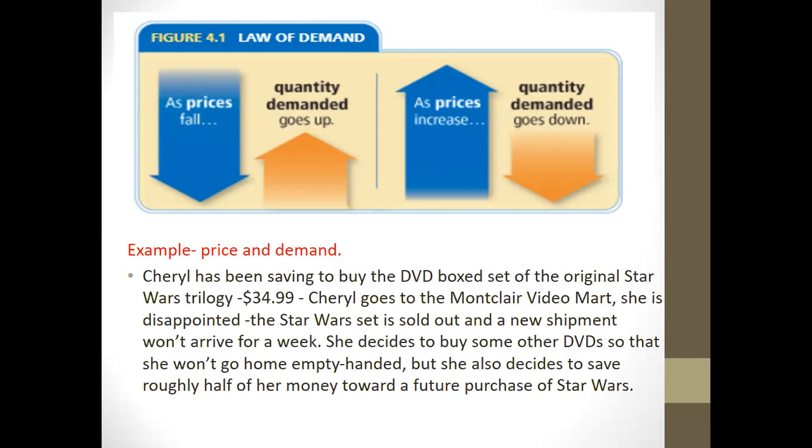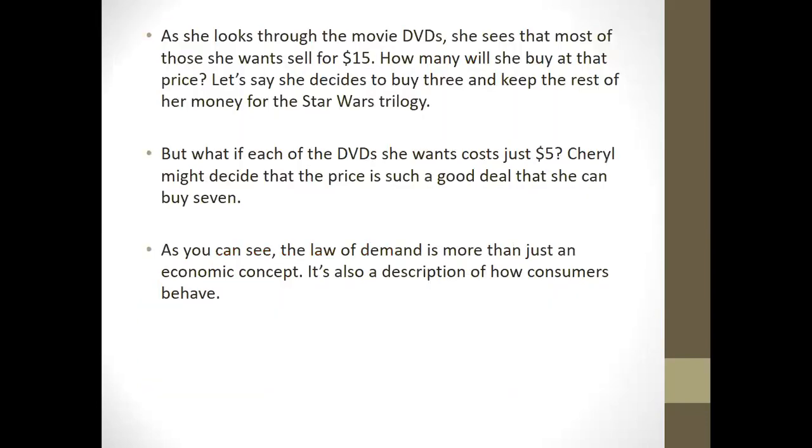But she also decides to save roughly half of her money toward the future purchase of the Star Wars trilogy. As she looks through the movie DVDs, she sees that most of those she wants sell for $15. How many will she buy at that price? Let's say she decides to buy 3 and keep the rest of her money for the Star Wars trilogy.